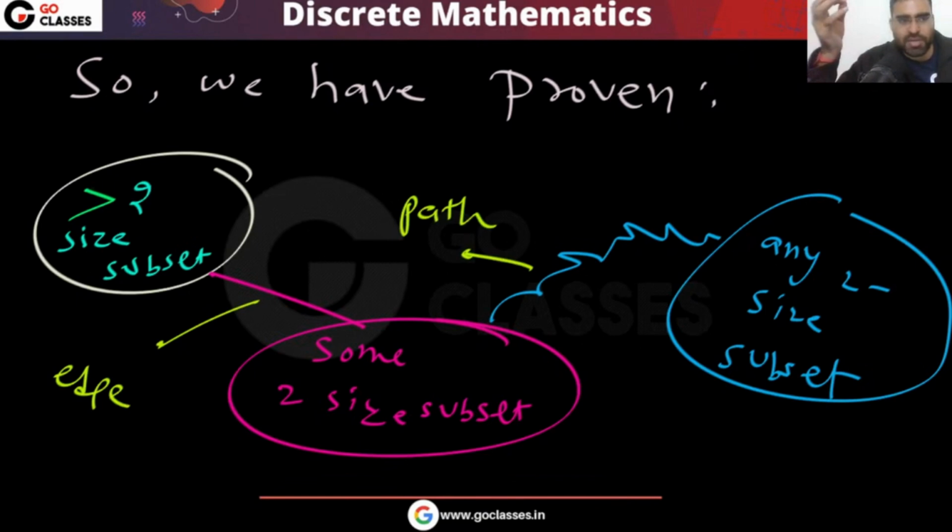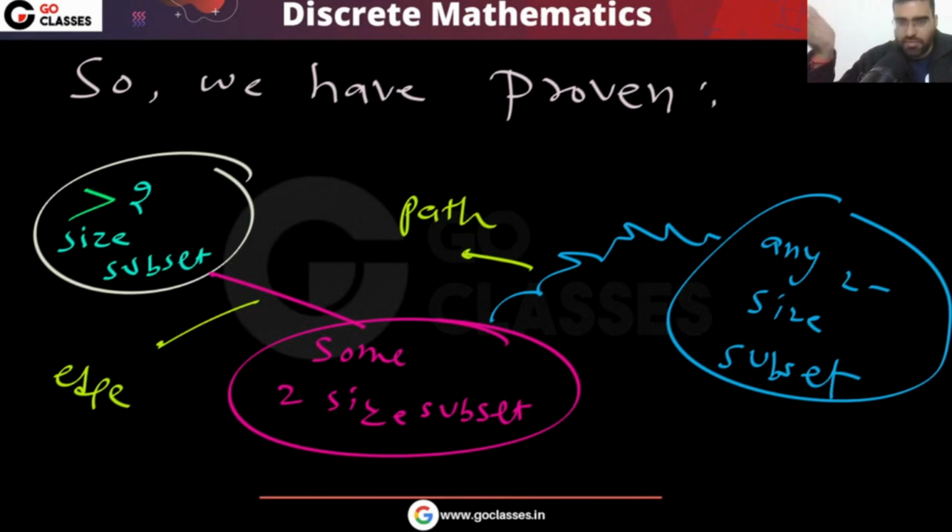This is very simple, but did you understand? Did you find this proof nice? What we are proving is that between any two vertices whose subset size is greater than or equal to 2, there is a path.